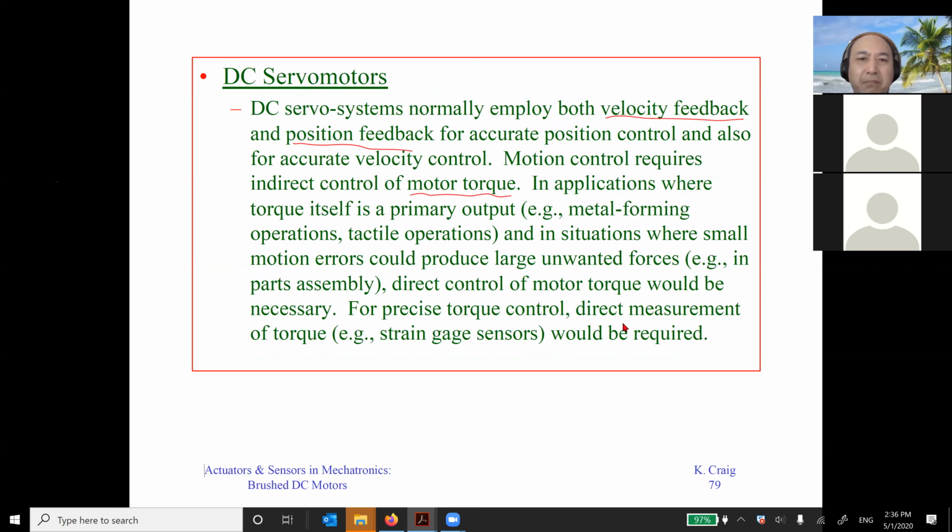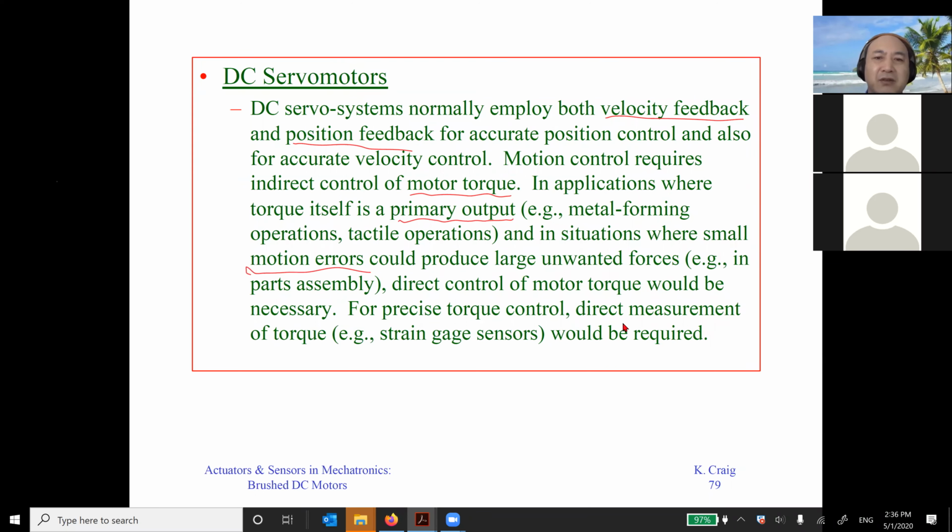If the torque itself is the main concern, like in a metal forming operation or tactile operation, small motion errors will produce very large unwanted forces, like in parts assemblies. Then the motor torque must be under control. So of course, using a torque measurement is necessary, like using a strain gauge sensor.